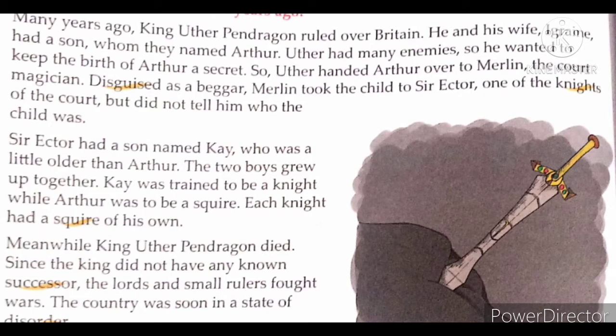Who was Merlin? Merlin was the court magician. Then Merlin changed his appearance into a beggar and took the child to Sir Ector. Sir Ector was one of the knights. Okay. He handed over the child to him without telling who the child was.